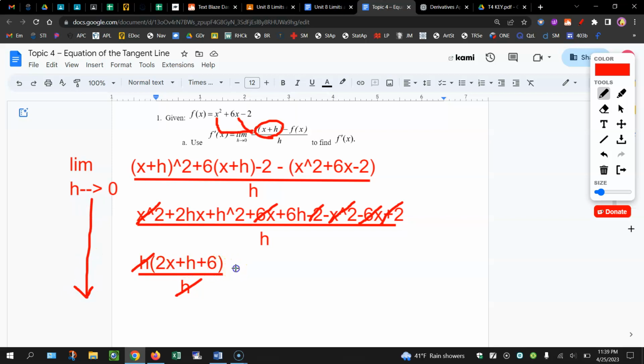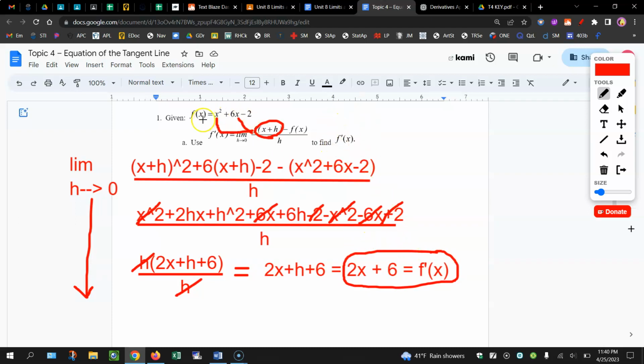So now we're just left with 2x plus h plus 6. You're substituting in h as 0, so you're getting 2x plus 6 is equal to f prime of x, or the derivative of x. So this is your solution. That's going to find you the slope at any point of the original graph of this parabola.